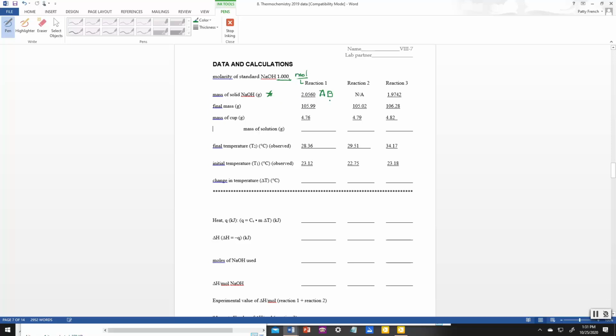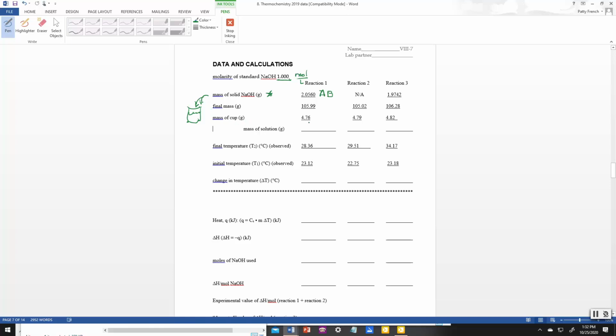And the mass that we got was 2.0560, notice 4 decimal places. We ended up putting that mass of NaOH into a coffee cup that already had water in it.